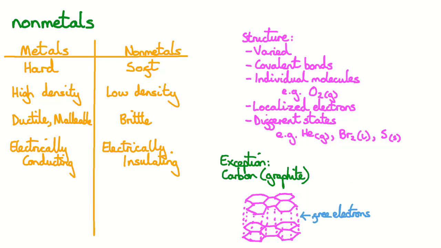So far we've seen that metals and nonmetals tend to be opposites when it comes to comparing their properties. But what about those metalloids? Remember that metals tend to be found on the left-hand side of the periodic table, and nonmetals are found on the right-hand side.